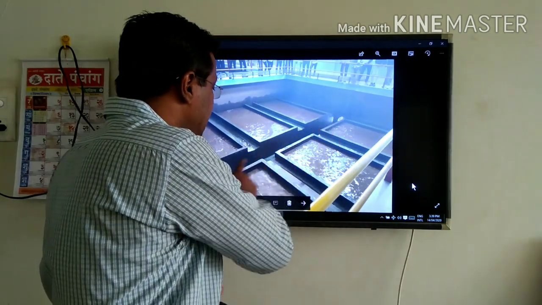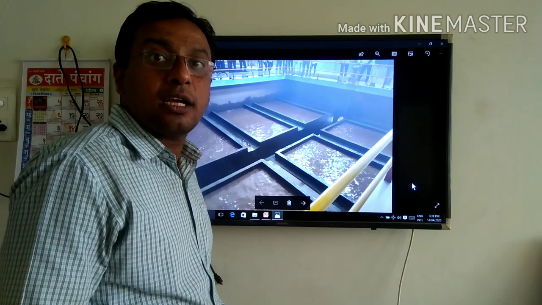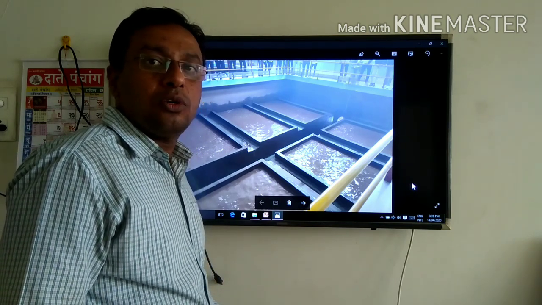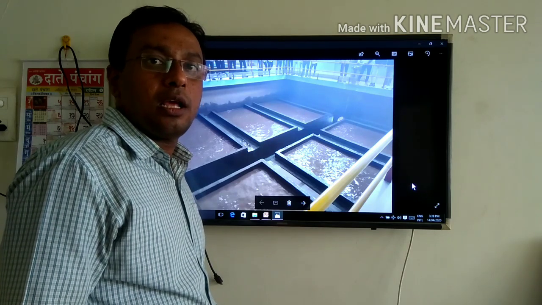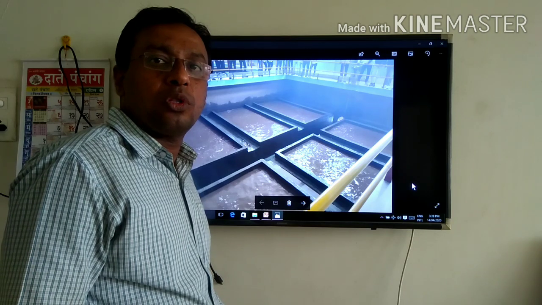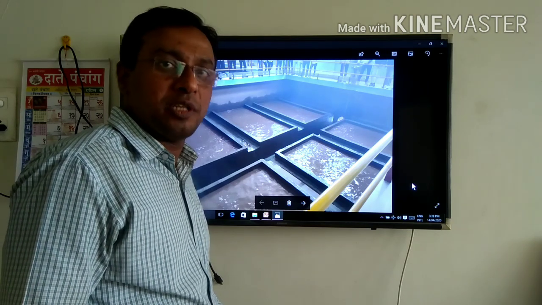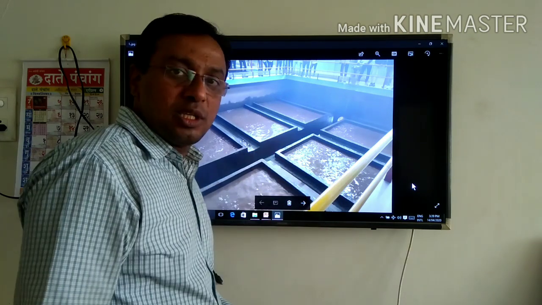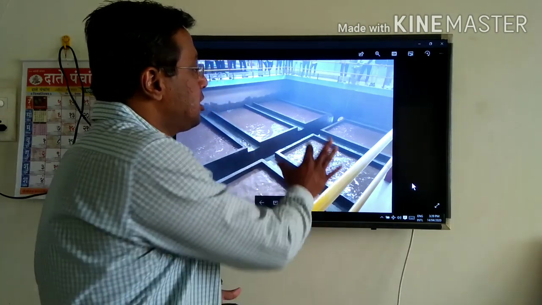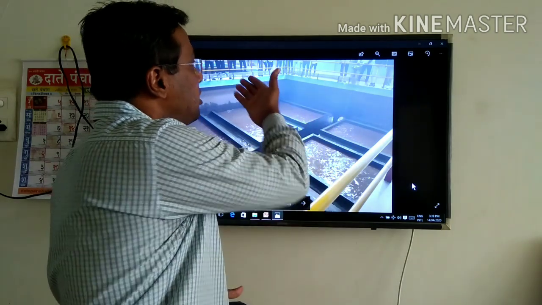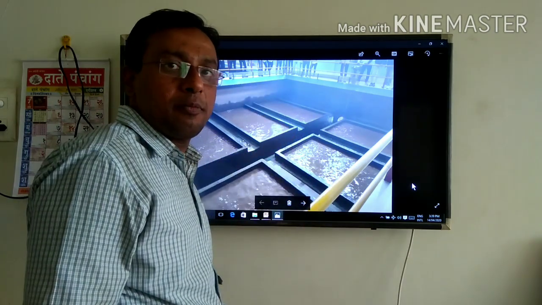This is our central drain that carries filtered water to the outlet, or if required, it is drained out to the backwashing process. A number of units are provided here. This is width, this is length, and our students are seen standing here.